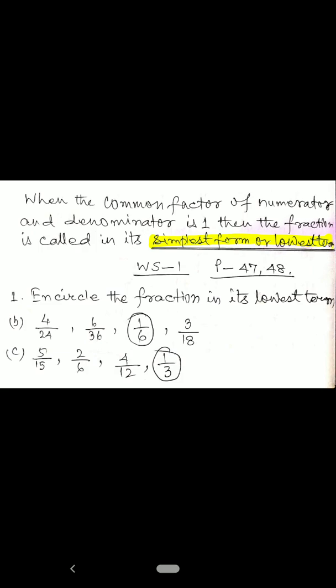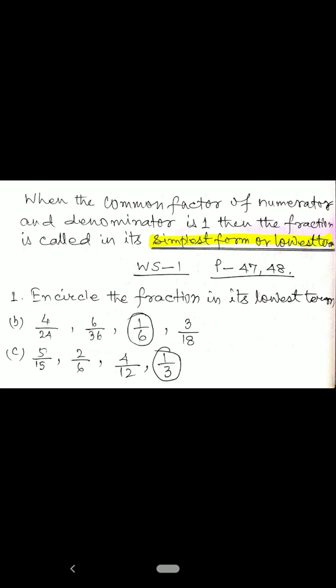So in question 1b, 4 by 24, 6 by 36, 1 by 6, 3 by 18. The 4 by 24. Here common factor is 4. Numerator 4, 4 divided by 4, you will get 1. And 24 divided by 4, you will get 6. Similarly, 6 by 36. Here HCF of numerator and denominator is 6.